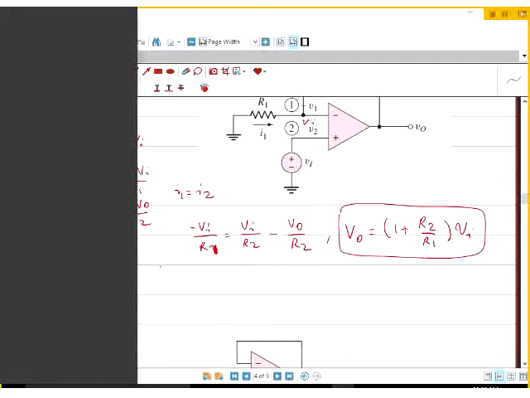Yes, go ahead. Can you also use 2 op amps to invert the signal instead of using that? Yeah. You can have 2 inverting op amps back to back in series, which is going to make the signal positive. Yes.